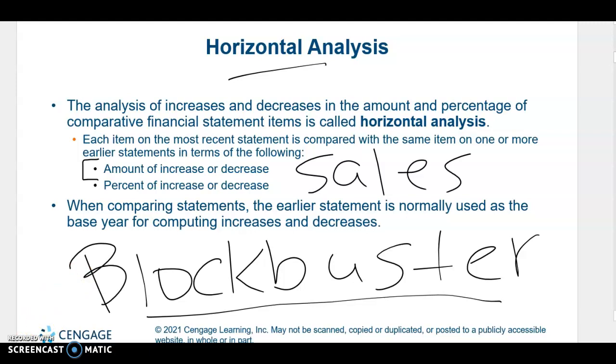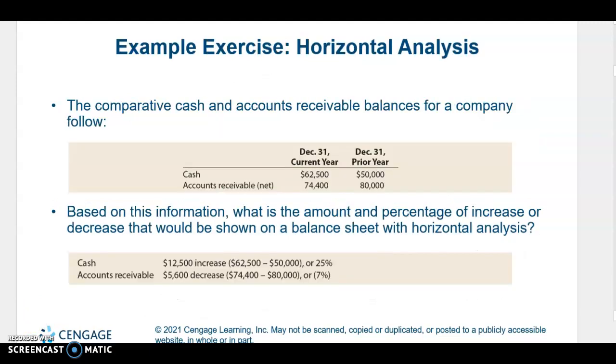They still had expenses, they still had stores, they still had salaries to keep up with, and their sales were steadily going down. So if you would have performed a horizontal analysis and looked from year to year, you would have seen this decline in sales. So let's look and see how to calculate the numbers for horizontal analysis.